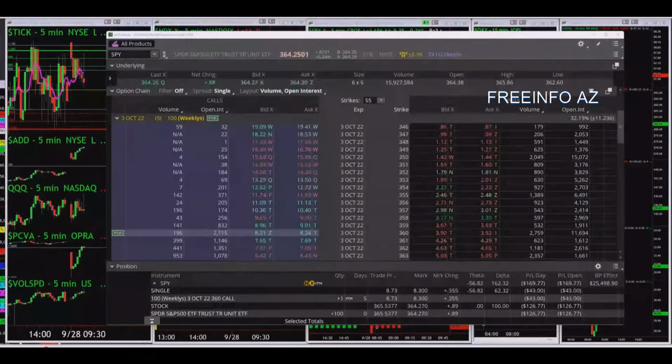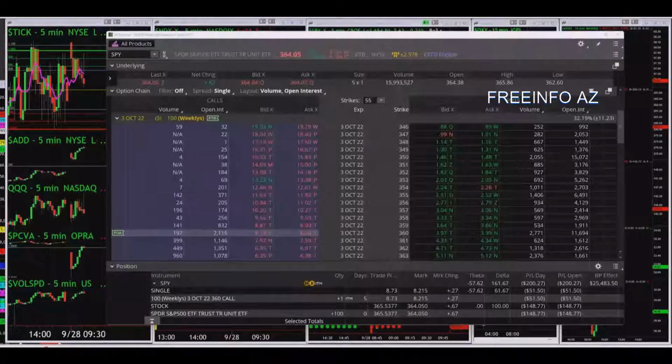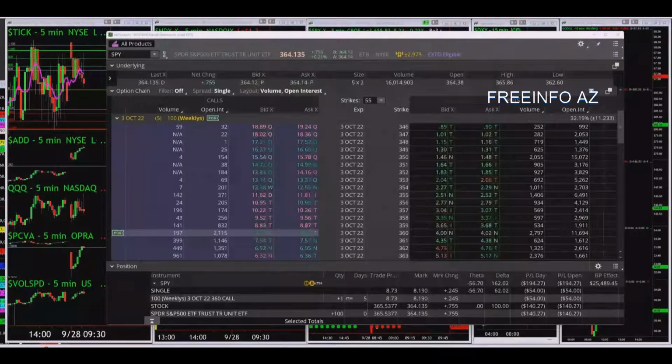While I love 0 DTE SPX options for selling spreads, I do not buy straight out calls or puts with 0 DTE, for the most part due to the rapid premium decay.